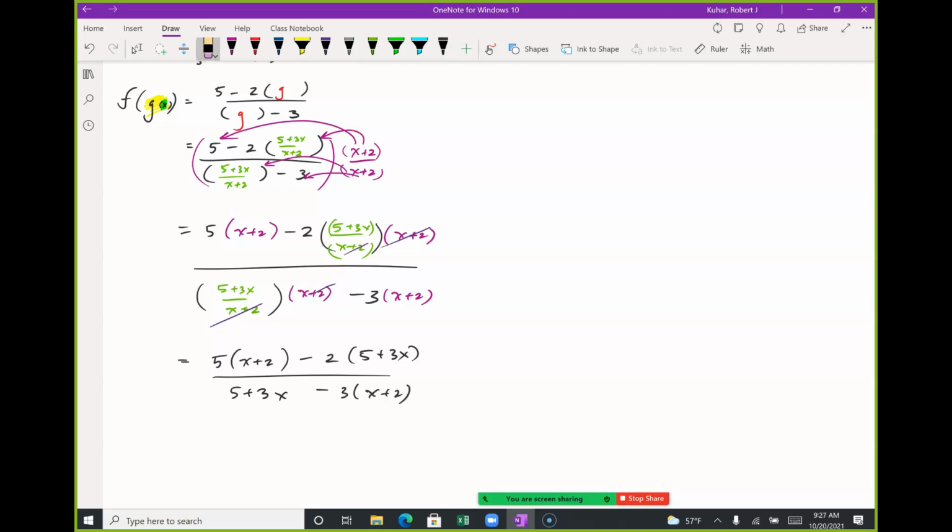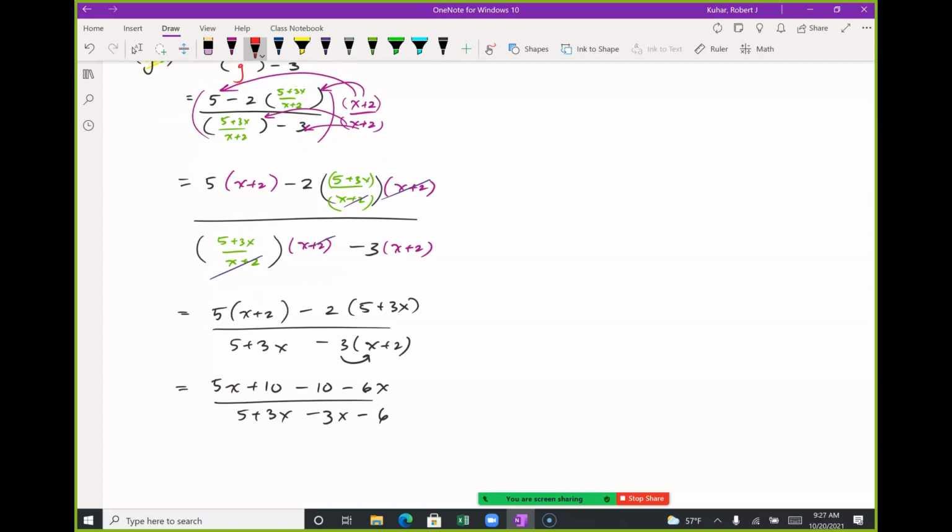As I'm rewriting, I'm not trying to distribute it all, I'm simply writing everything, doing baby steps. 5x plus 10 minus 10 minus 6x. 5 plus 3x minus 6x minus 6. It's just minus 3x. Thank you. I thought something looked weird. Yes, you're right, right there is where I messed up.